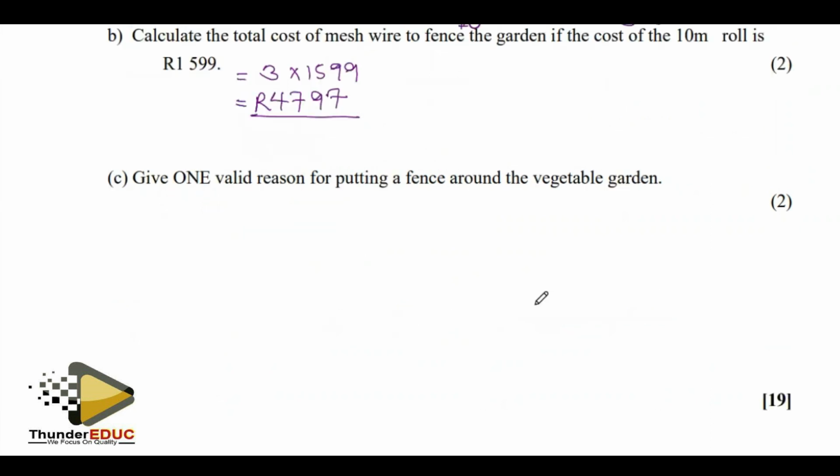Give one valid reason for putting a fence around the vegetable garden. The valid reason is for the animals known to destroy the garden.